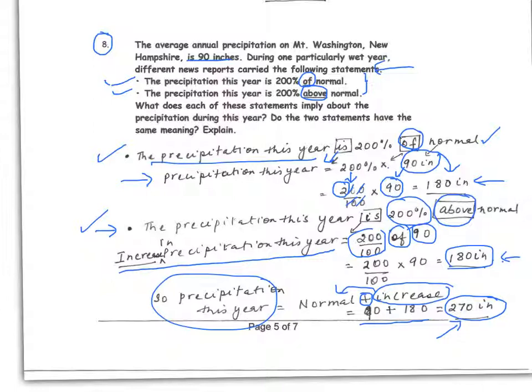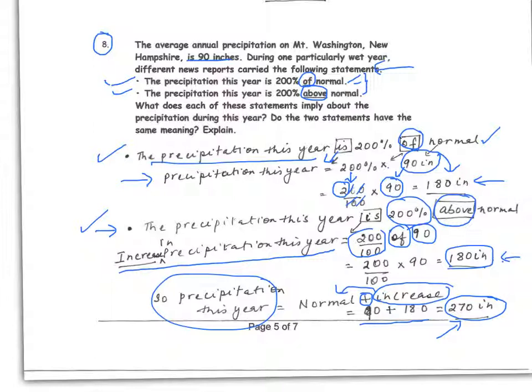So here, this gives us an example of how the language that we use completely changes the meaning of the sentence. So the use of the word off, 200% off normal, is completely different from 200% above the normal.